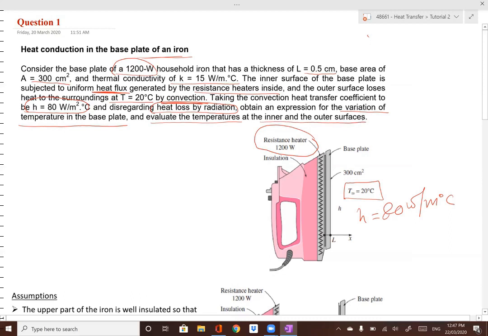Okay, first we'll write down the given parameters. Q is given as 1200 watt, and the thickness of the plate is 0.5 centimeters, so we convert to meter by dividing by 100, so 0.005 meter.